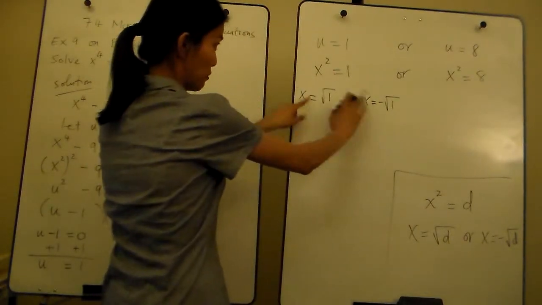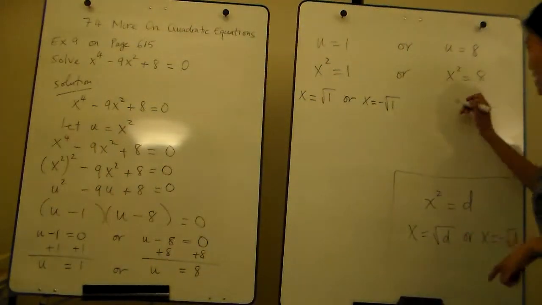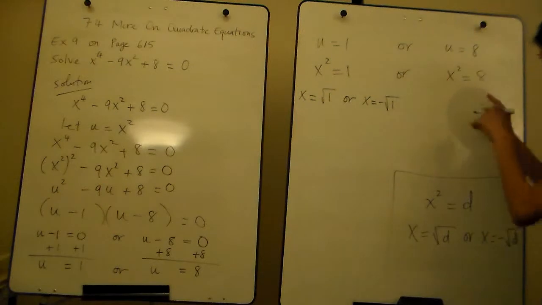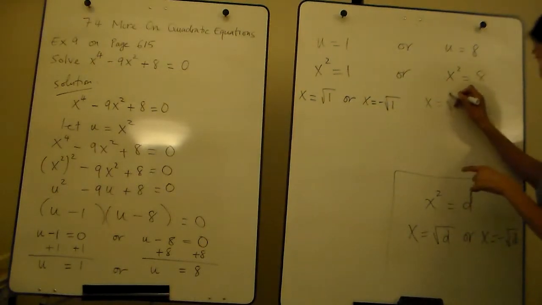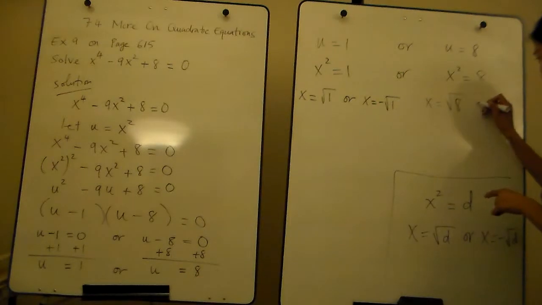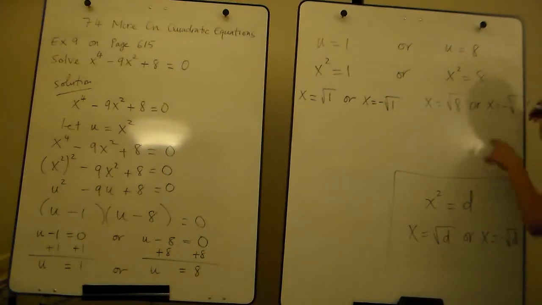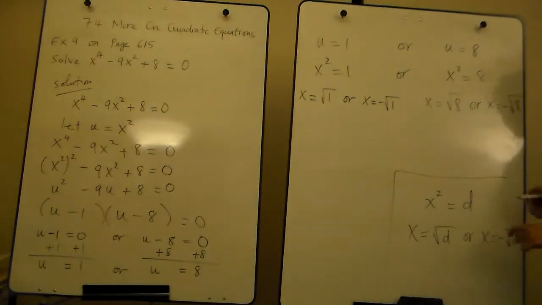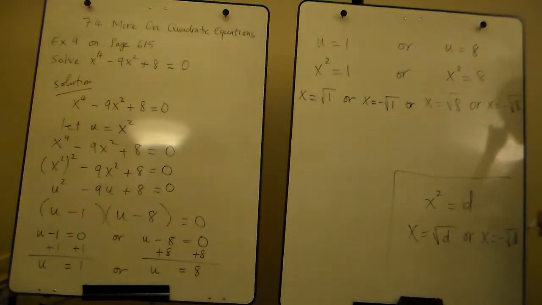These two are the solutions for x squared equals 1. For this one, the solution is x equals square root of 8, or x equals negative square root of 8. So you have 4 possible solutions.